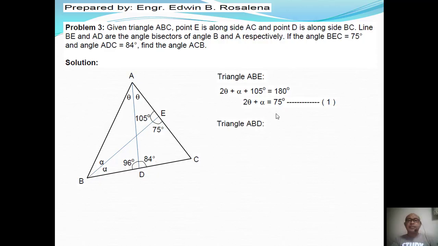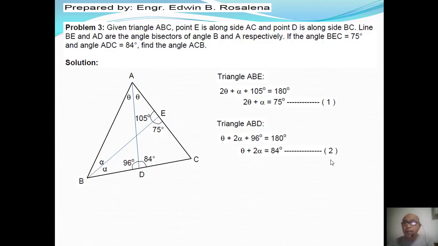I can consider the next triangle, triangle ABD. So, ABD. So, this triangle, huh? So, I can sum up also the three angles that is equal to 180. So, theta plus 2 alpha plus 96 equal to 180 degrees. And I have theta plus 2 alpha equal to 84, second equation.